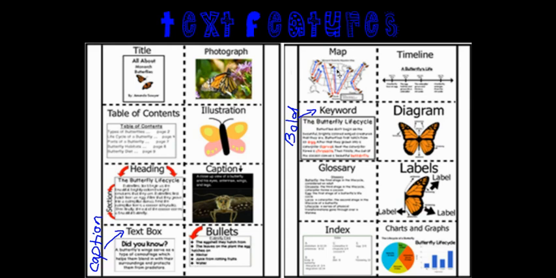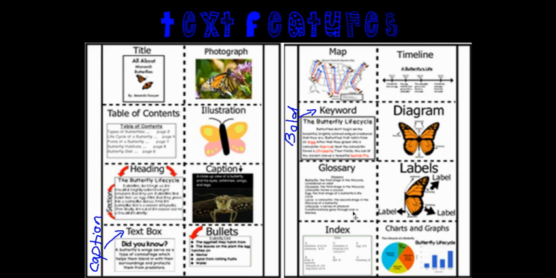Maps are text features. Timelines, keywords. Usually you'll find keywords that are in darker lettering. We call that in bold. You'll see diagrams and labels, so a picture that has labels explaining what the different parts are.